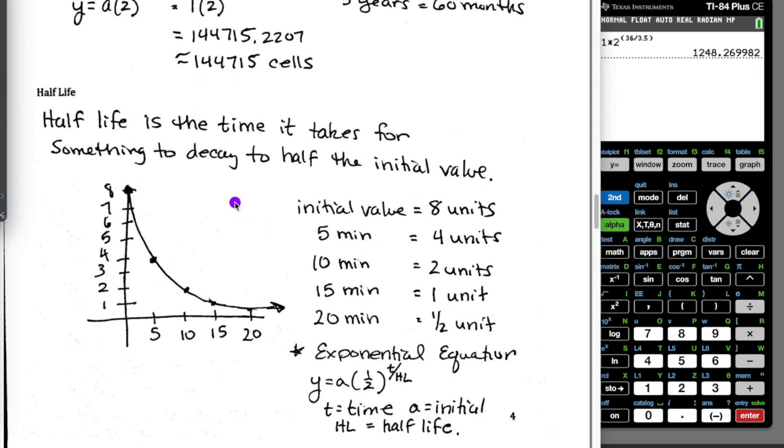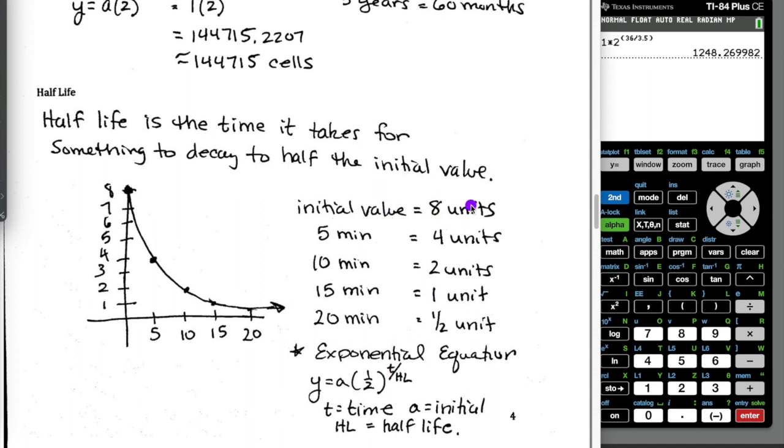So I made a similar example as I did with the double time, showing the graph and how things get cut in half instead of doubled. I started here at time 0 at 8, and we kept cutting it down every 5 minutes, which is how we get this half-life of 5 minutes.